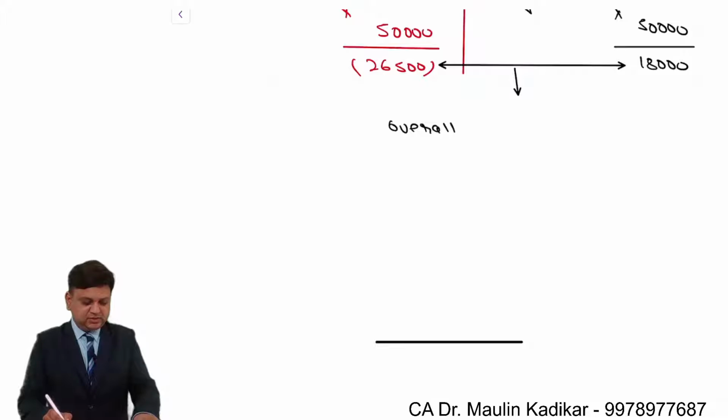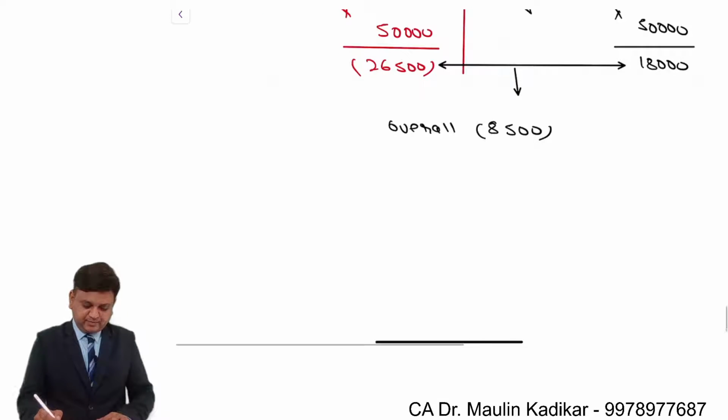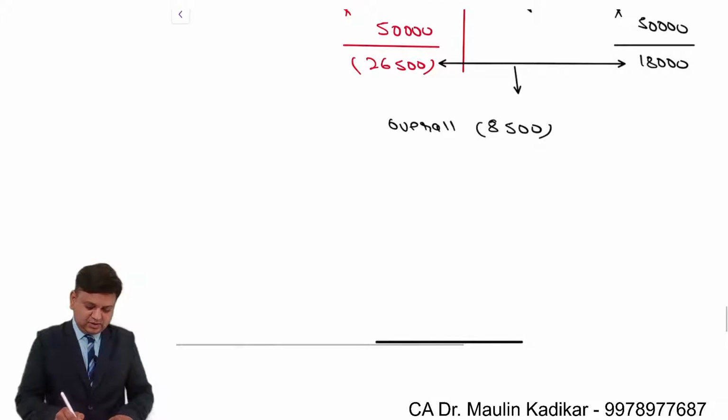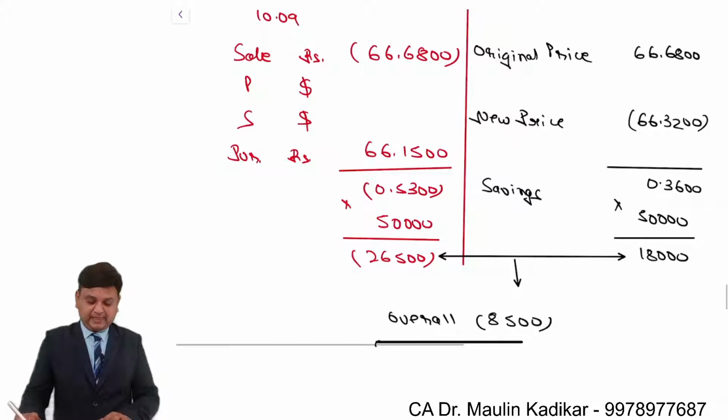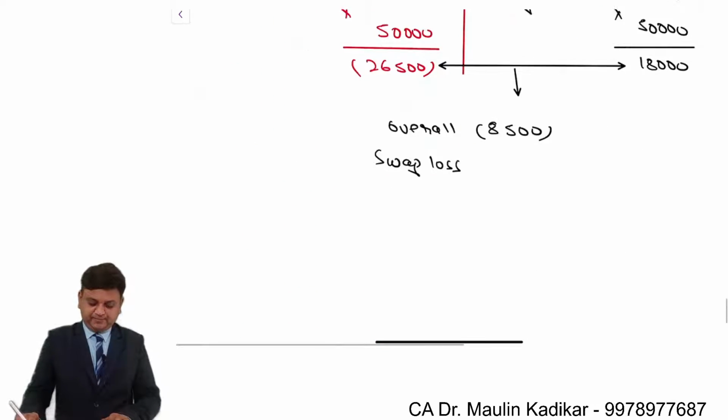So overall it is 8,500. This is the way swap loss or swap gain can be calculated.